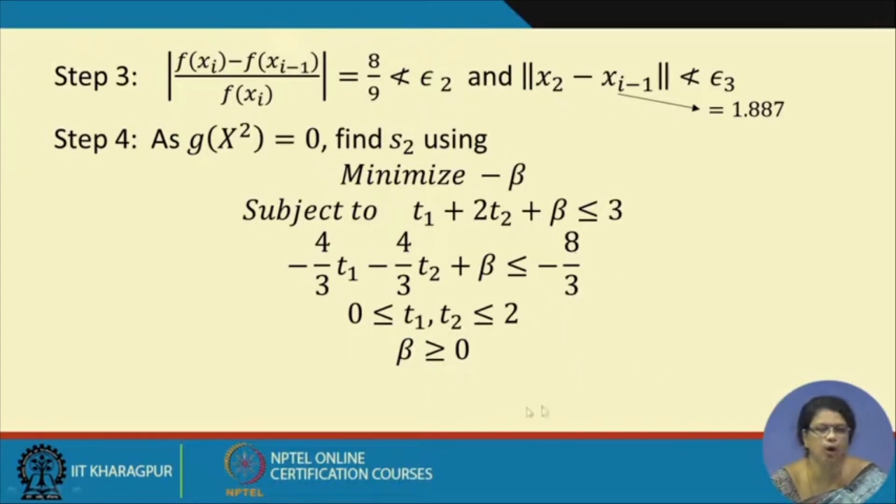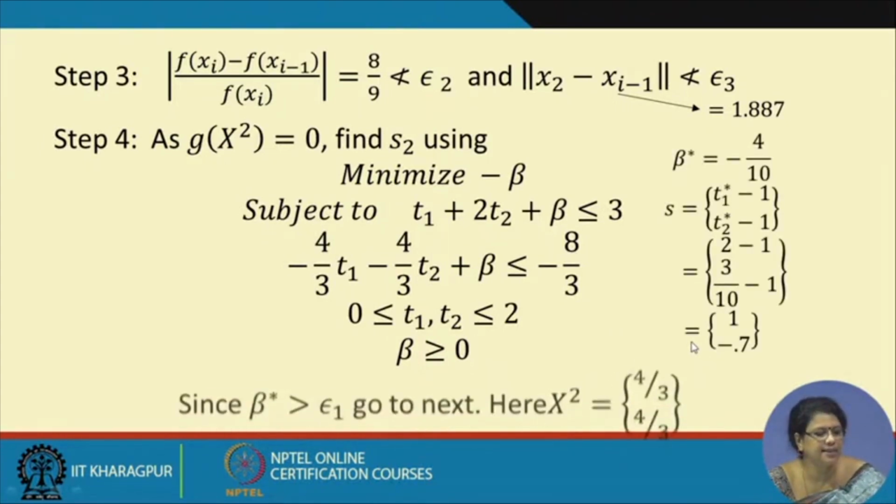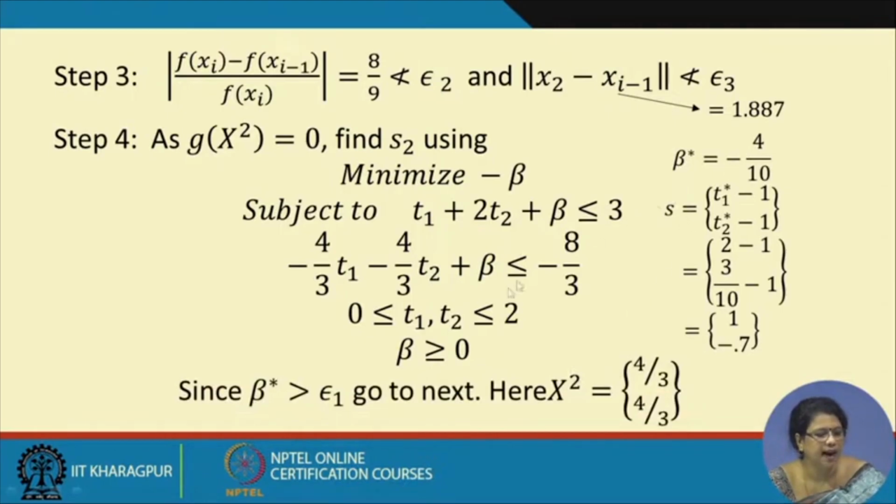If we solve this optimization problem, which is a simple linear programming problem, we will see that the value of beta will come as minus 4 by 10 and the values of T1, T2 will come as 2 and 3 by 10. So we will get the value for S from here.